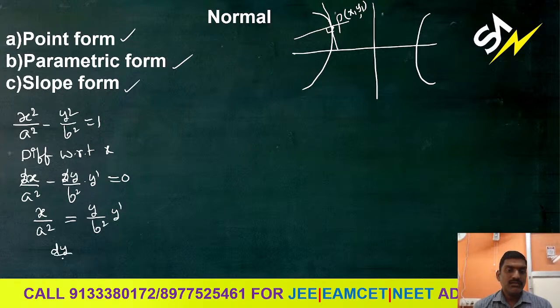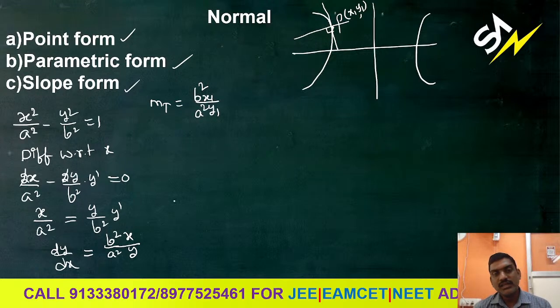Then dy by dx is b square over a square times x by y. Then the slope of the tangent is b square x1 divided by a square y1.